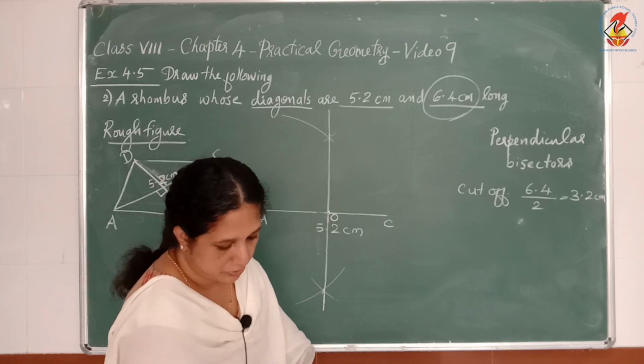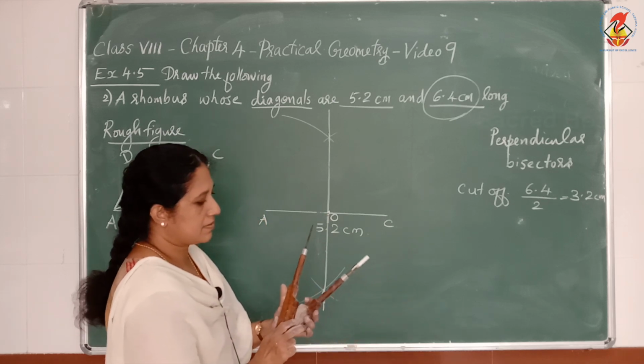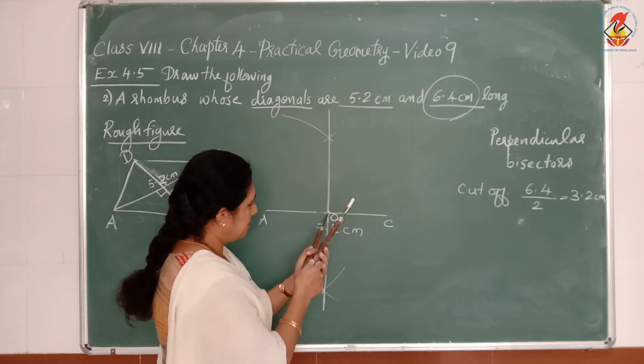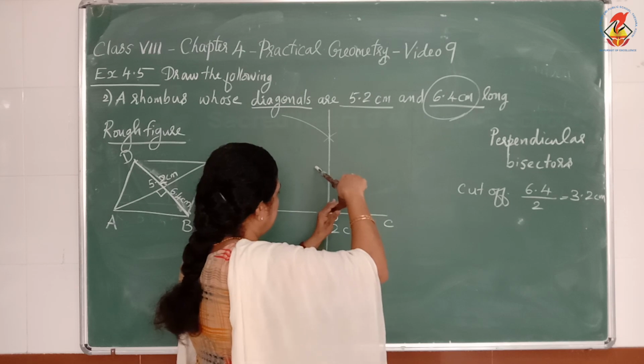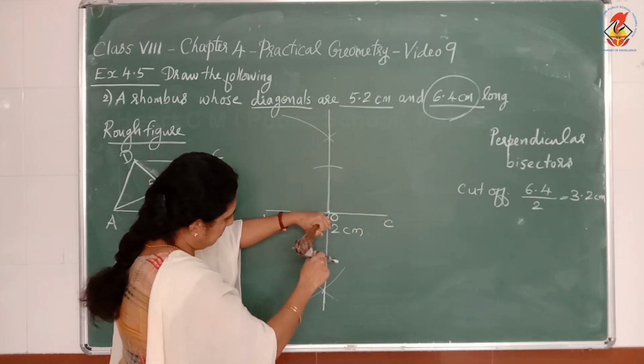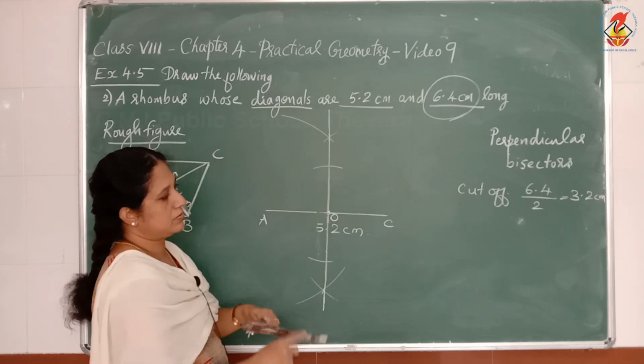Take 3.2 centimeter on your compass, and cut the perpendicular bisector. Similarly on the other side.